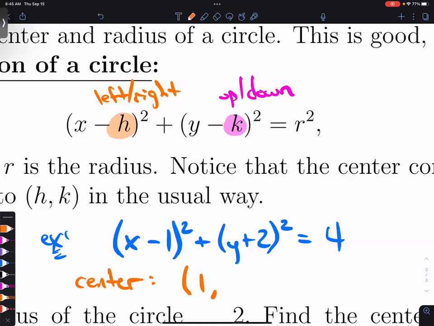This is +2. If you look here, this is minus k, right? So think of this as like minus -2. Or think of that +2 as shifting everything down because it's on the opposite side of the equation from where we usually see it. So the y coordinate there is -2.